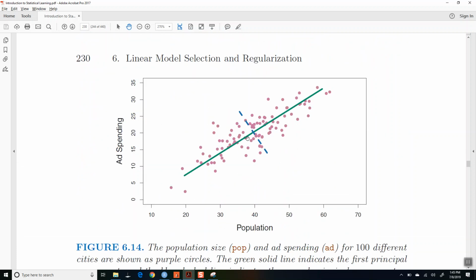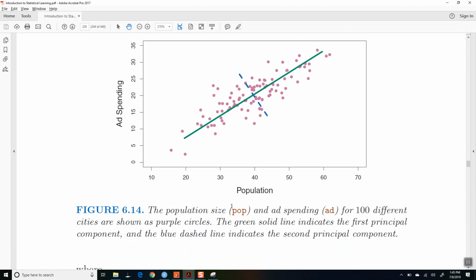What principal components does is try to find a way to reduce the number of dimensions in your data. It does this by finding the axis upon which the variation is the greatest, and says this is the most important direction in the data. Here's a graph of population and ad spending, and it has all of this variation.